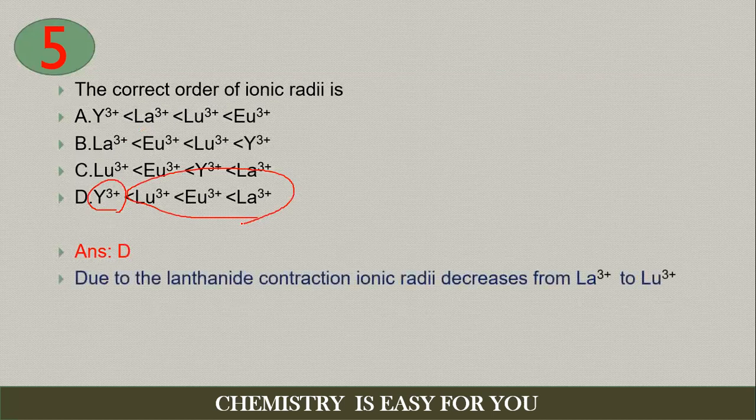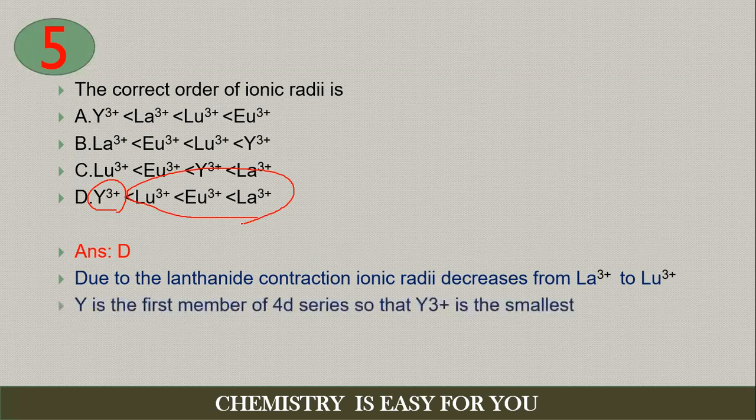So this is due to the phenomenon called lanthanide contraction. If the reason is asked, this question can be asked in two different ways. One, where the reason can be asked why this kind of a decrease is seen, then you need to remember that it is due to the lanthanide contraction. And why Y is the smallest: we know it is the first member of the 4d series.